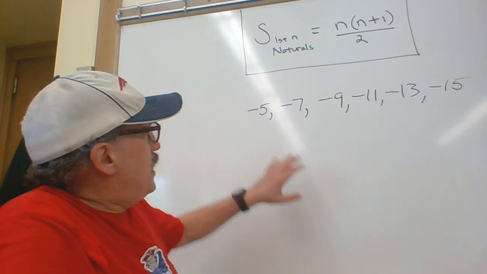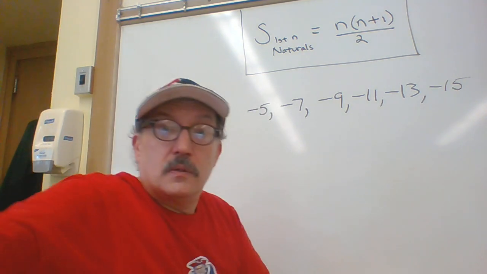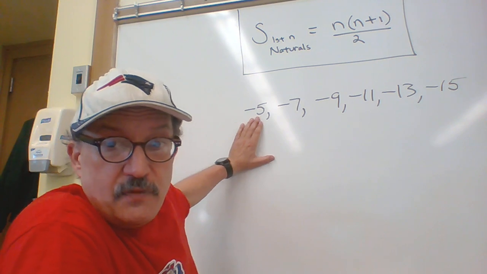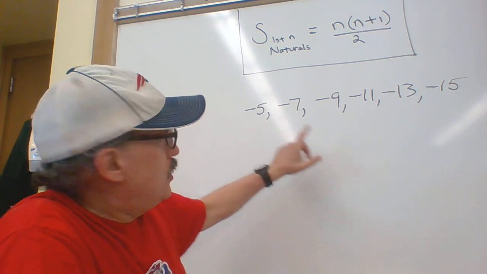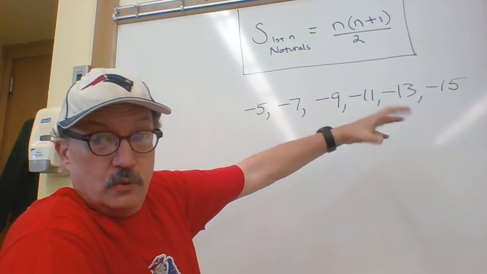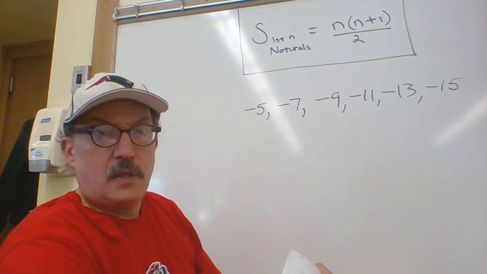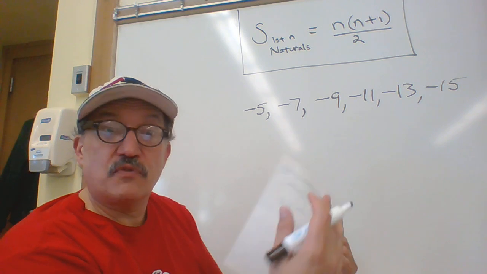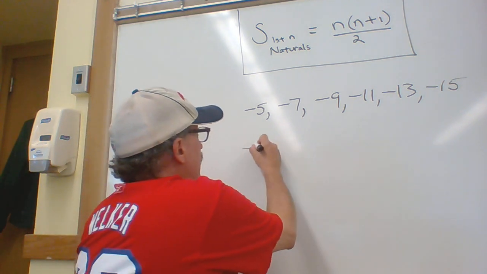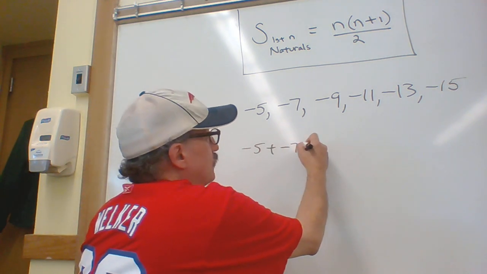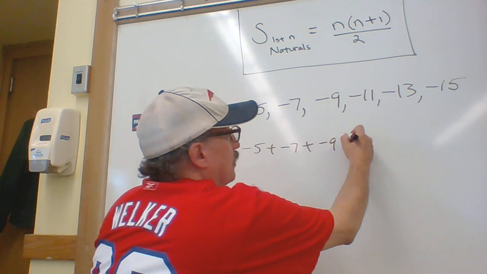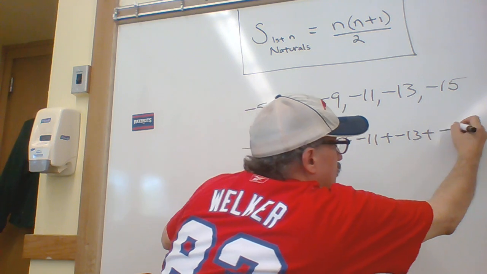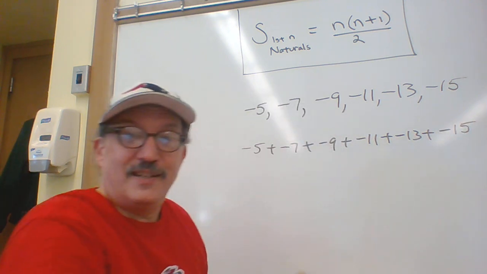Here is an arithmetic sequence where a sub 1 is -5 and the difference is -2. You add -2 to a term to get the next term. If we put plus signs in between them, it becomes a series, and we're looking for the sum of all of them. -5 plus -7 plus -9 plus -11 plus -13 plus -15.